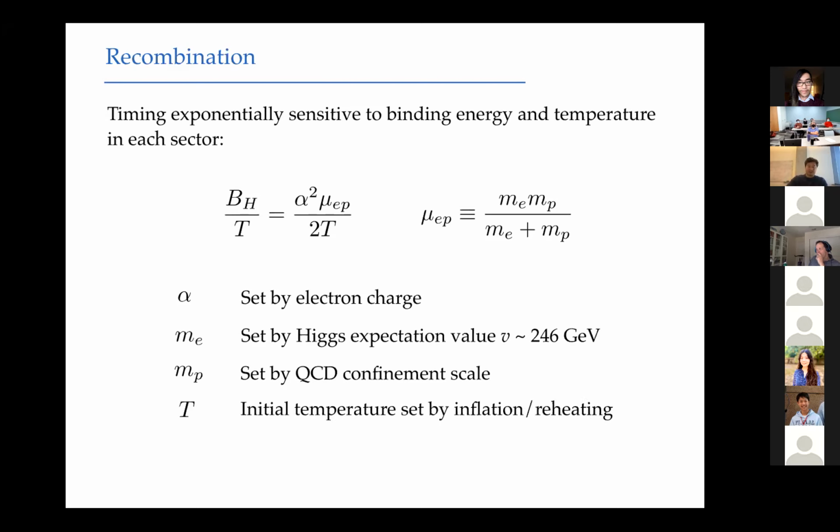And the temperature in principle is just set by some initial condition, set by whatever populated the universe with radiation. And so, if you look at this, you're really drawing from ingredients that involve lots of very different aspects of fundamental physics. And I would think you would need quite an extraordinary coincidence for the ratio of binding energy to temperature to be the same in both sectors, which is what would guarantee that you had recombination take place at the same time.